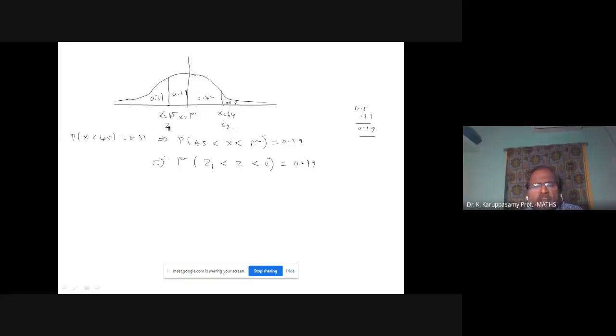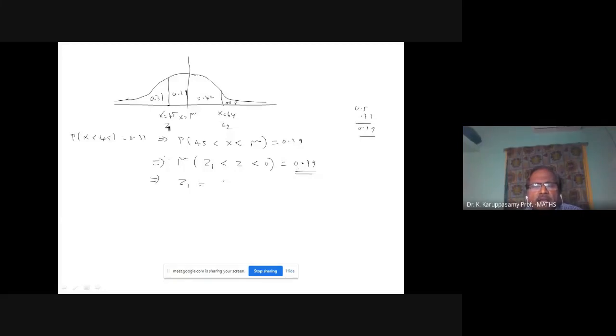How is Z1 obtained? The same formula: subtract mu and divide by sigma. So Z1 is equal to... you are going to find out from the normal table reversely.